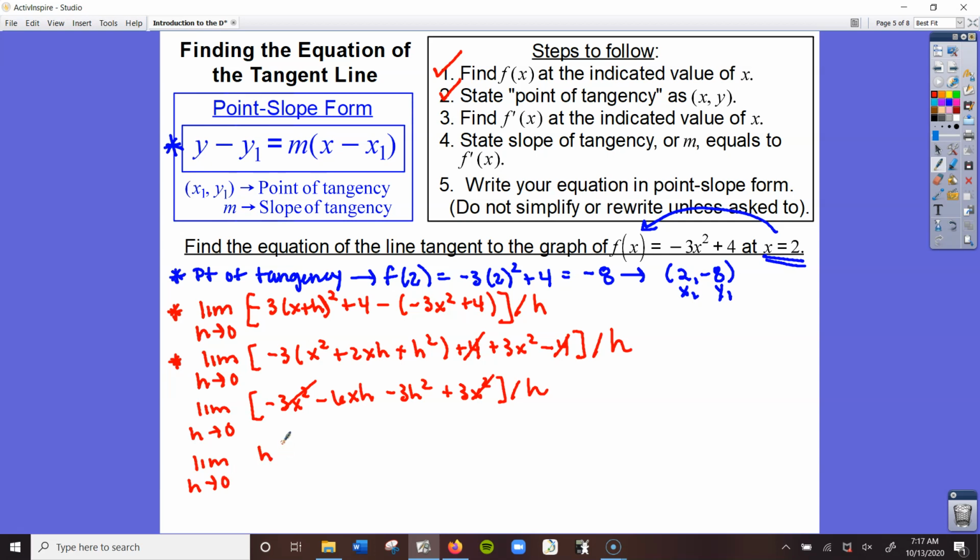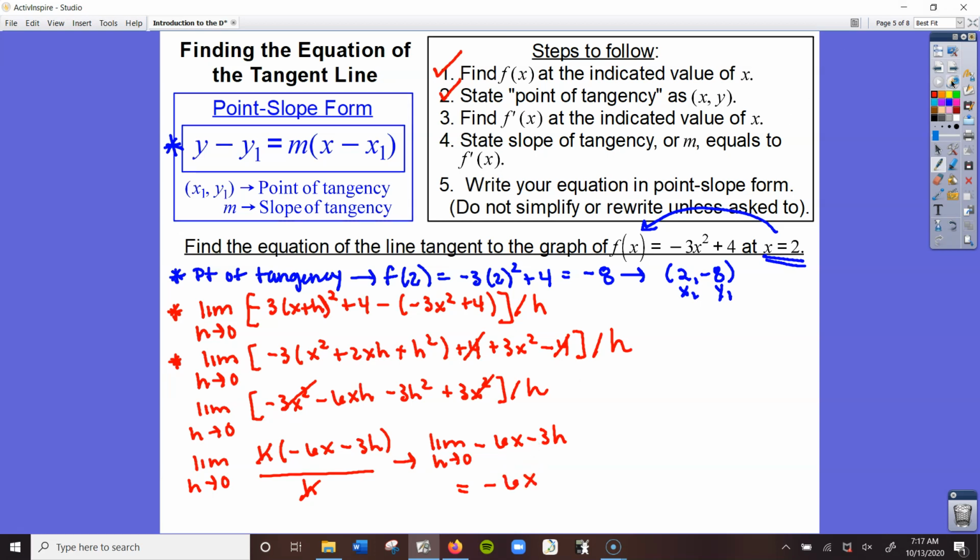So we have h times negative 6x minus 3h, and everything is over h. My h's cancel, and so I have the limit as h is approaching 0 of negative 6x minus 3h, which when you plug in h is equal to 0, we end up with negative 6x.